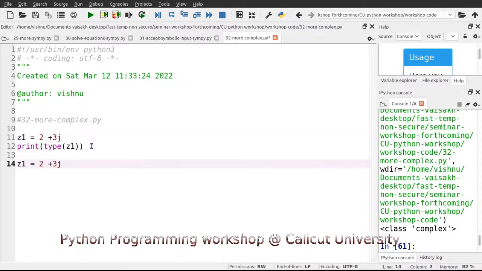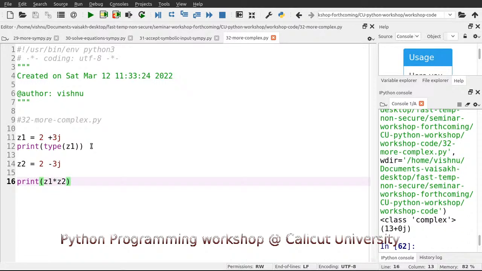Trying to define z2 equal to 2 minus 3j, and trying to print the product of these two, z1 star z2 should work perfectly. It's appearing perfectly. Now sometimes it may be necessary to get out the real parts of certain numbers, imaginary parts of certain numbers.